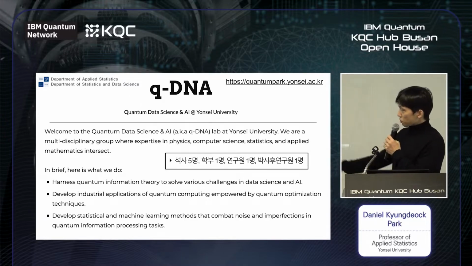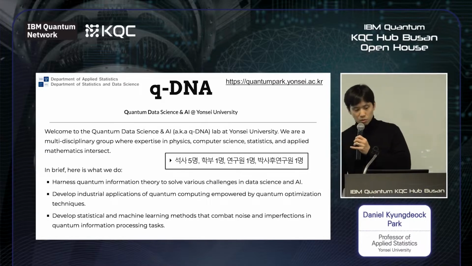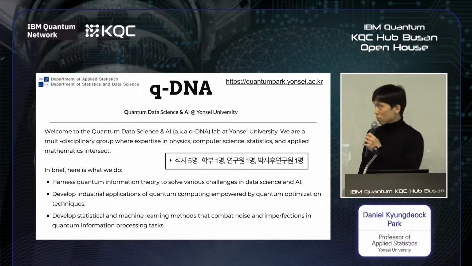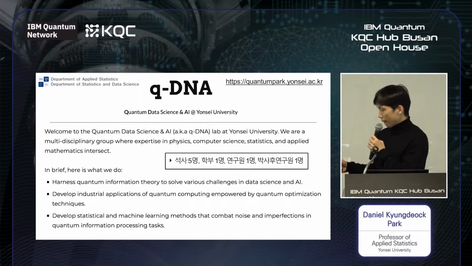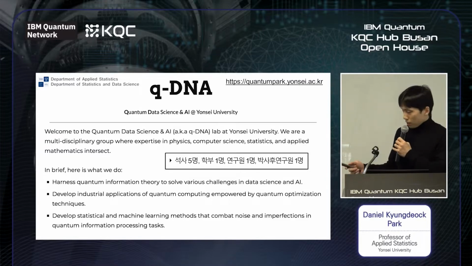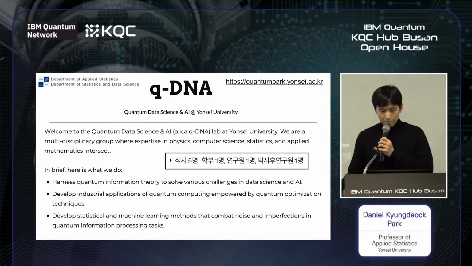Also, a very important topic is how we deal with noise and imperfections in quantum computing, and we try to develop statistical and machine learning methods that fight noise and imperfections in quantum information processing tasks. If you're interested, you could also visit our website.